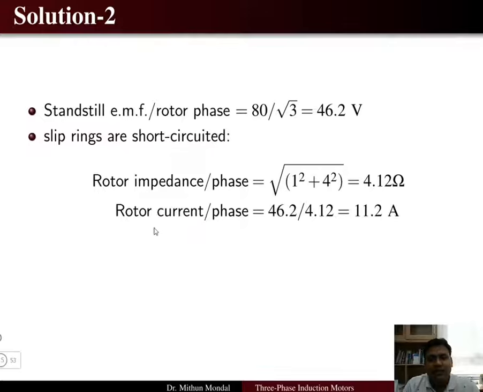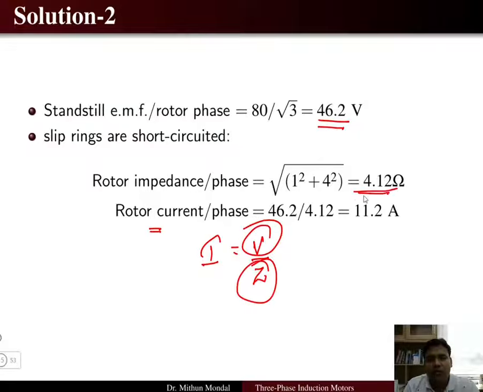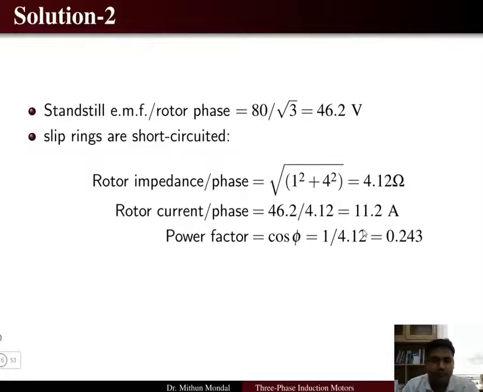This means we need to find the current flowing per phase. Current is the voltage divided by the total impedance. The voltage we have already calculated as 46.2 and the impedance is 4.12. This gives the current as 11.2 ampere.